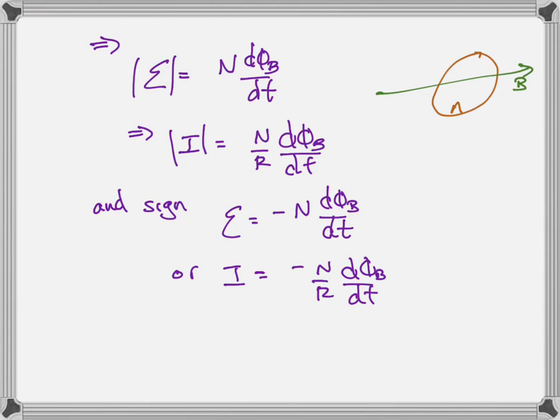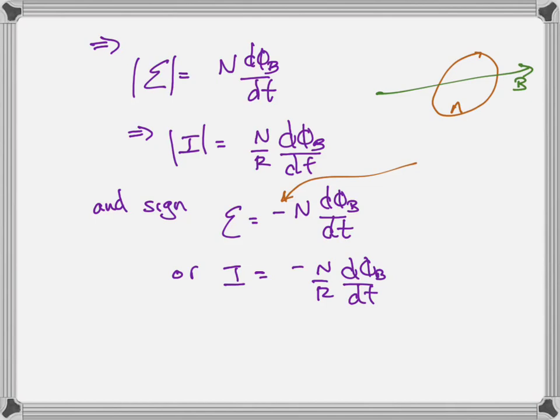We put a negative sign between the two, and the negative sign means that the current induced by the changing magnetic field creates a magnetic field that opposes that which created it.